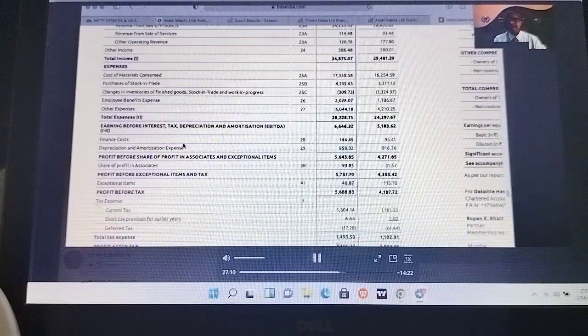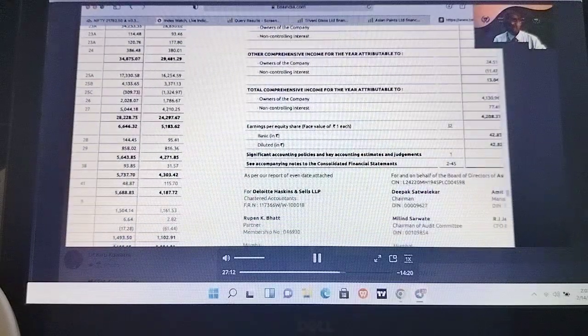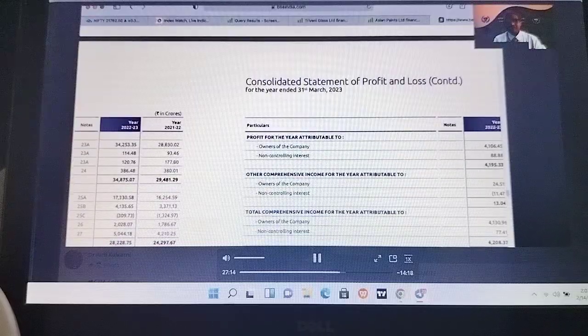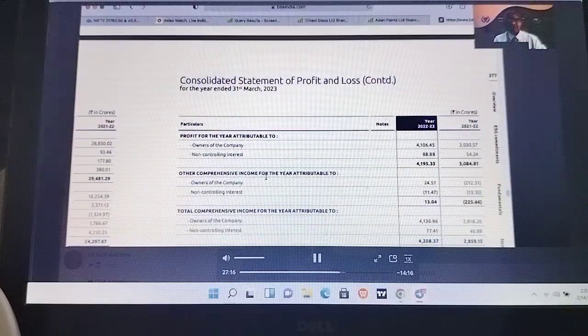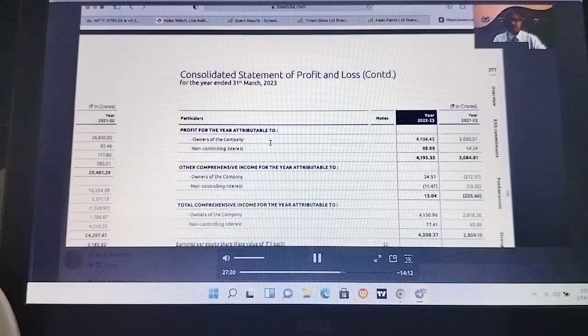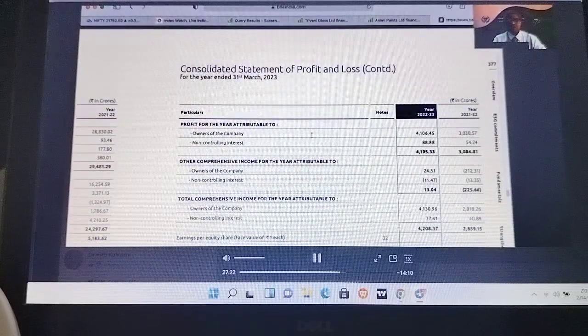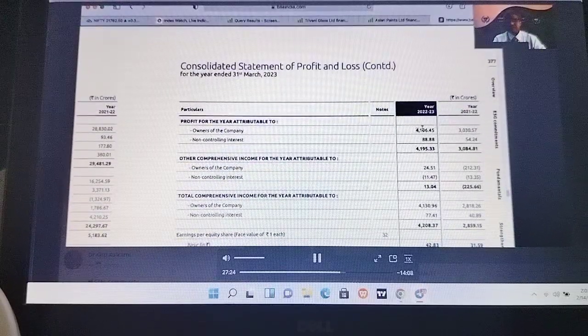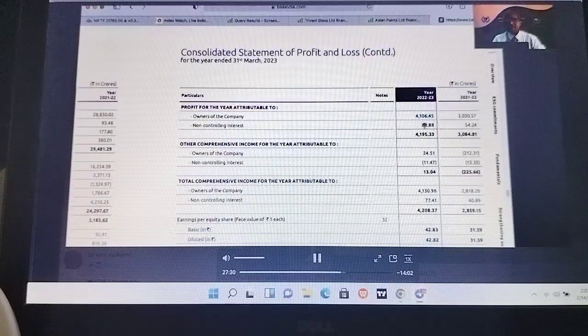Then further down, the profit and loss statement has some rows for profit attributed to owners of equity. This is the amount attributed to equity owners, that is the actual profit, and this is minority non-controlling interest.